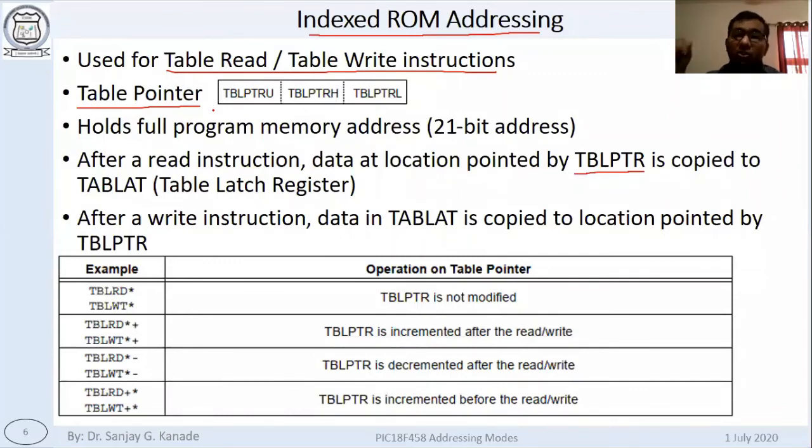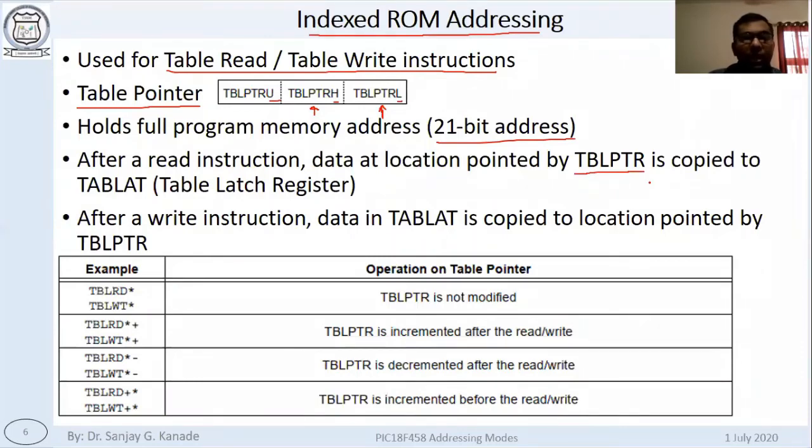So the table pointer holds the full program memory address using these three registers: TBLPTRL, L for low, TBLPTRH, H for high, and U for upper. Using these three 8-bit registers, we get the full 21-bit address of the program memory, which is stored in the table pointer.